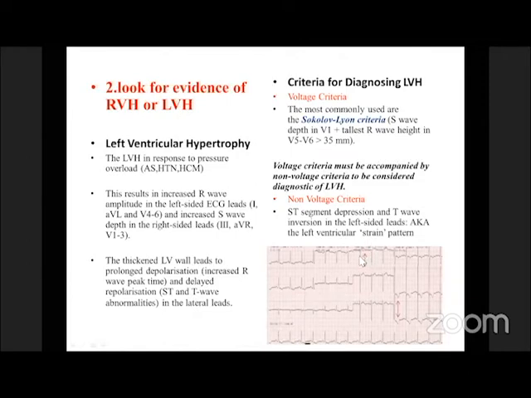In this ECG, if you calculate the S in V1 and R in V6, it is usually more than 35 millimeter, more than 7 large squares. This is a voltage criteria, and it is associated with non-voltage criteria, which is T inversion and ST depression. This is what we call a strain pattern. So this ECG is typical of left ventricular hypertrophy.